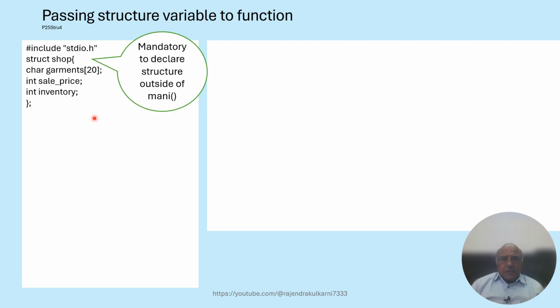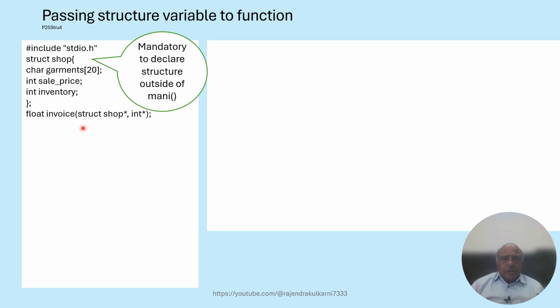A general practice is that structures should be defined outside of main so that they can be known to all the functions which that program is going to use. Whenever we are going to use structure variables in functions, it is mandatory to declare structures outside of main. Why? Because it should be known to all the functions along with main in the program.